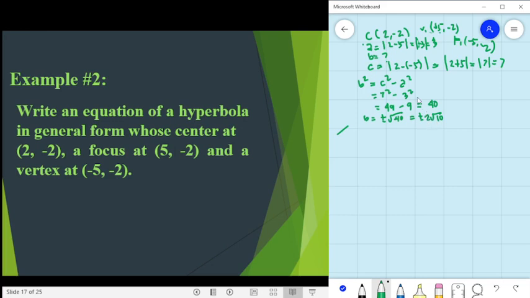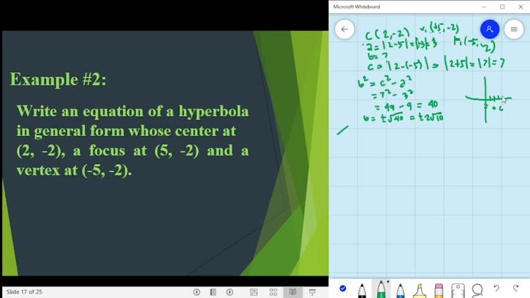Okay? After that, we are now going to plot our position on the transverse axis. The center is 2, -2. So, we have here 2, -2 is here. This is the center. And our A, one vertex is 5.